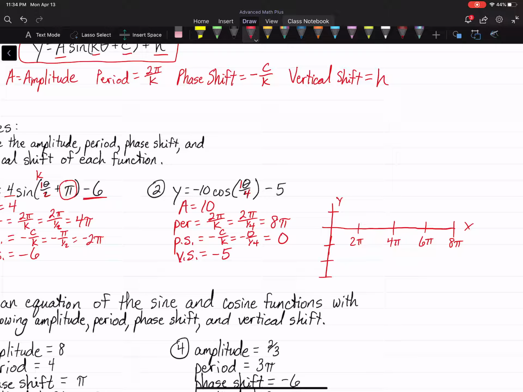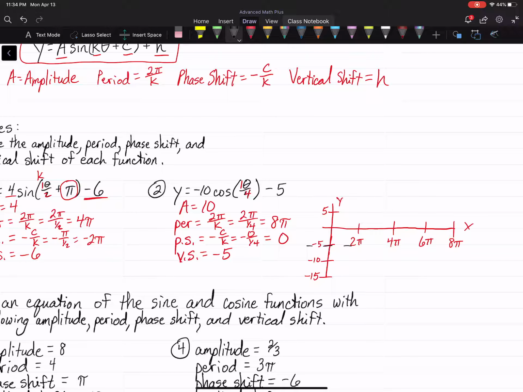We'll just count by 5. So this is 5, let's say -5, -10, and -15. So my midline would actually start down here at -5 because that's where it's vertically shifted. The whole thing's been translated down to that -5 line. And now we're treating this kind of like it's the x-axis before. So if I do this, I have to realize how far am I going up.